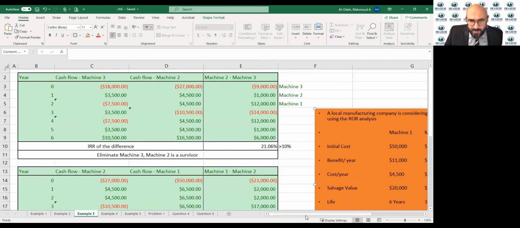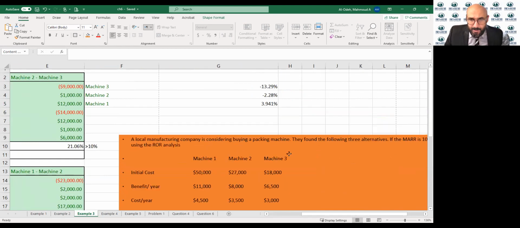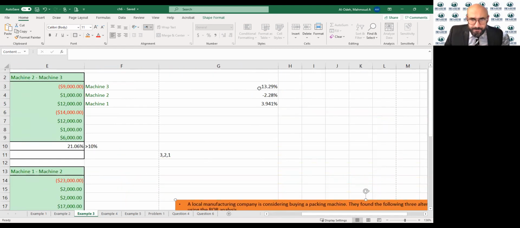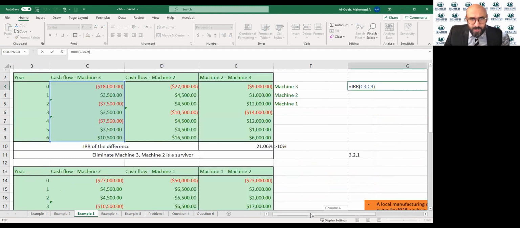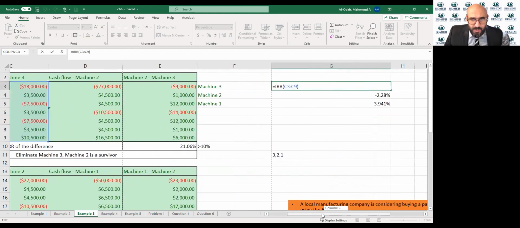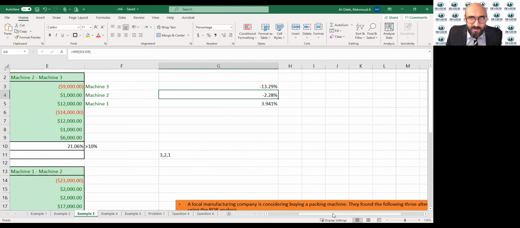Again, there are other ways for doing it, and I saw some notes that I was trying to play here. So what I did here, I found the IRR for each one of these machines individually. After building the cash flow, I found the IRRs. Again, this is not the official one, but this could be a way to give you the right decision. So the IRR for the first one after I build the cash flow gives us negative 13%.